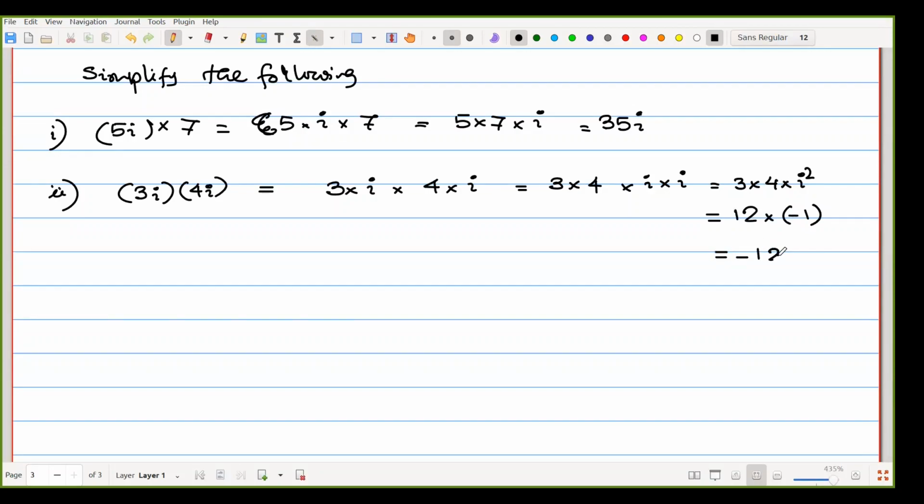So the result is minus 12. Third one, suppose 21 divided by 14i. So that is based on some fractional number. So here we are writing 21 divided by 14 into 1 by i.